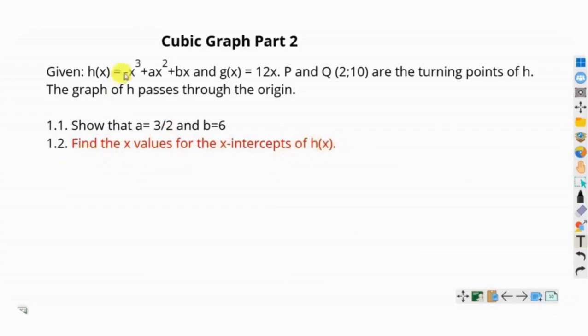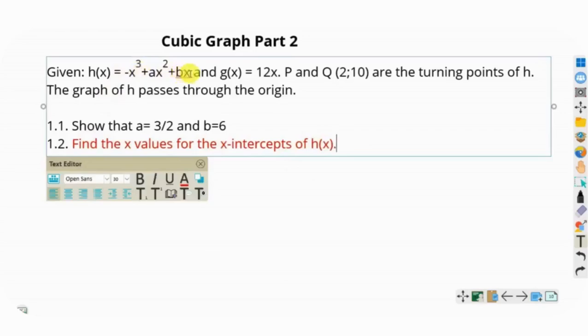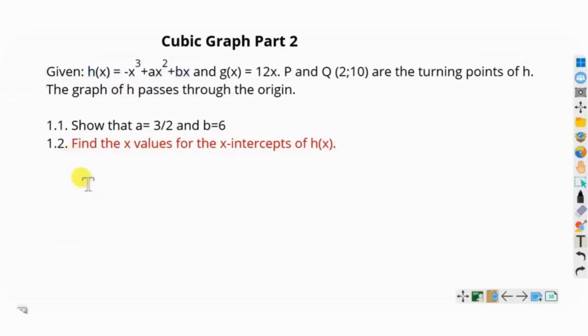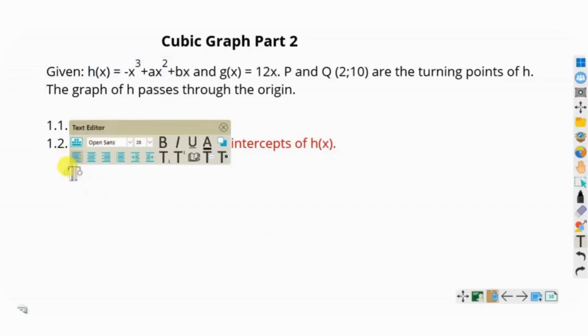Okay. So the equation of h is this one. What I'm going to do, I'm going to write it here.